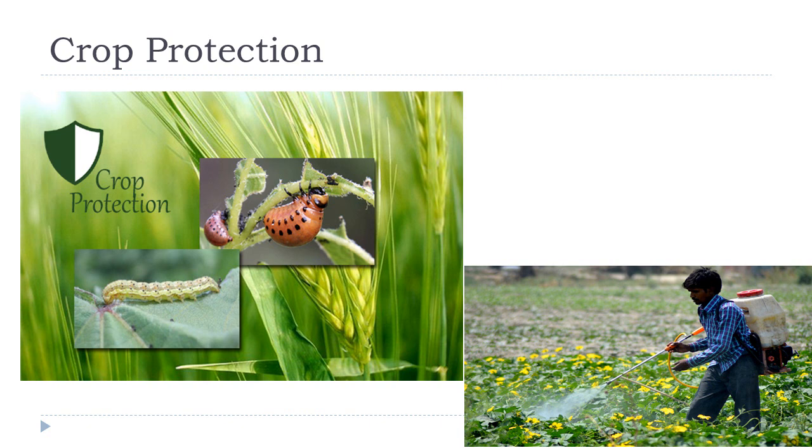So first one, a strong fence should be made around the field to protect the crops from stray animals. That means something like walls, a compound. Second one, pesticides. What is the use of pesticides?